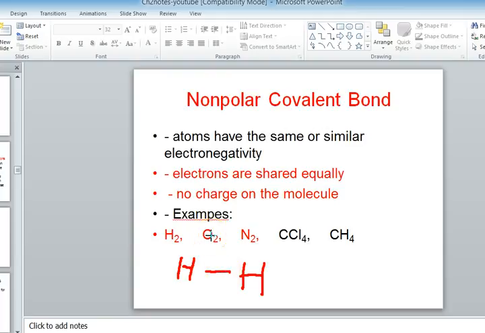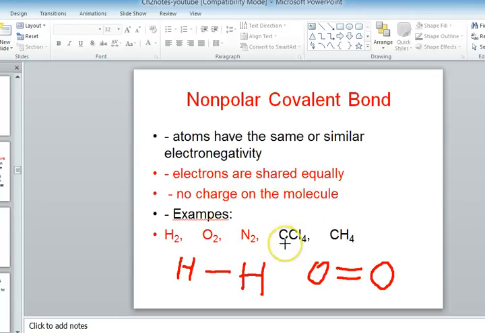Same thing with oxygen. There's our oxygen, 2 covalent bonds, another oxygen. We've got the same element on either end of those covalent bonds, so they have the same pull for electrons. Those electrons are evenly shared. So this molecule does not have a charge on it.